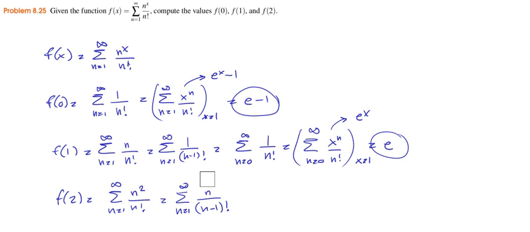And we can write n as n minus 1 plus 1, if I'm correct. So this is the sum from n equals 1 to infinity of 1 over n minus 2 factorial plus 1 over n minus 1 factorial.